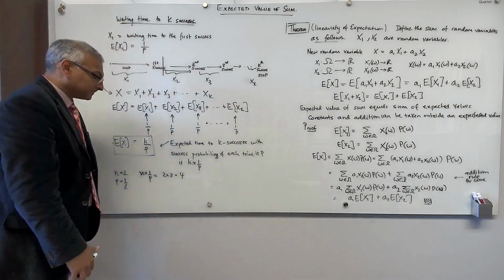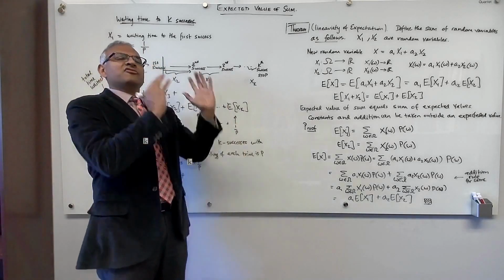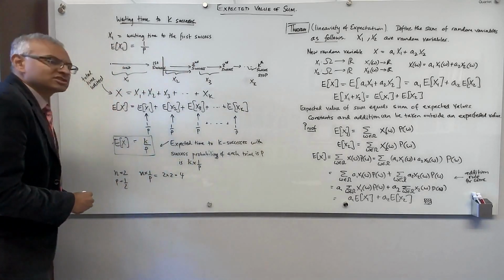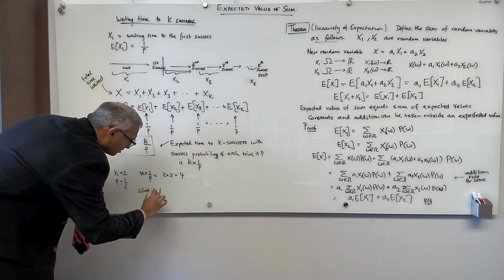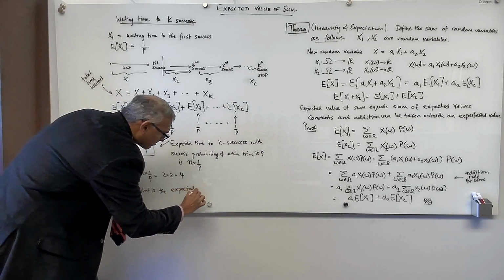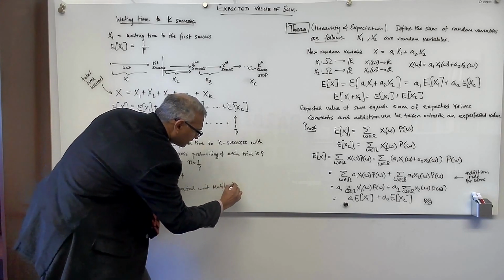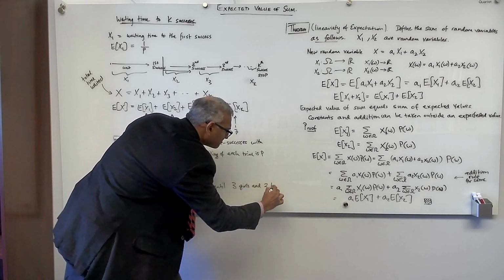Okay. And the interesting question: what about the expected wait if I'm going to have kids until I have 3 girls and 2 boys? Interesting exercise. What is the expected wait until 3 girls and 2 boys?